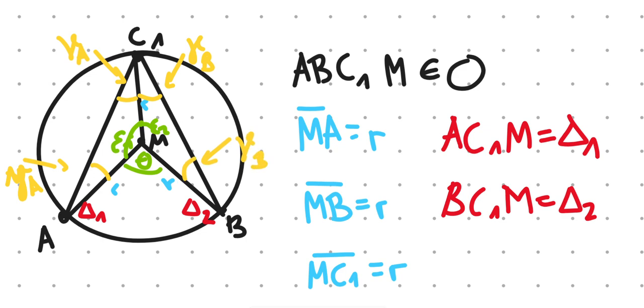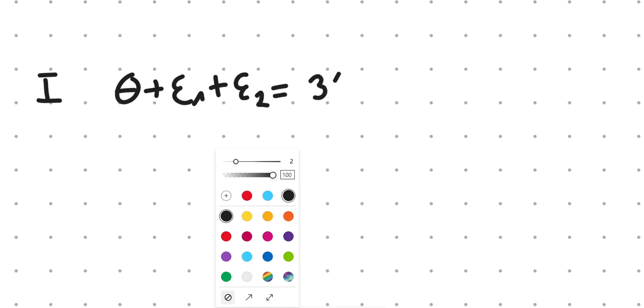Now we can write an equation according to theta, epsilon 1 and epsilon 2, because if we make a full turn, it's 360 degrees. So for equation 1, theta plus epsilon 1 plus epsilon 2 is going to equal 360 degrees.